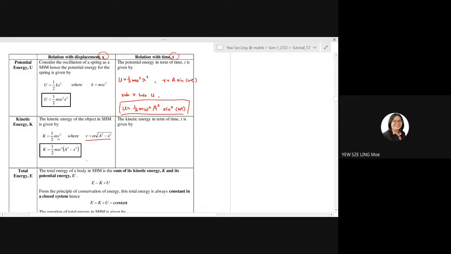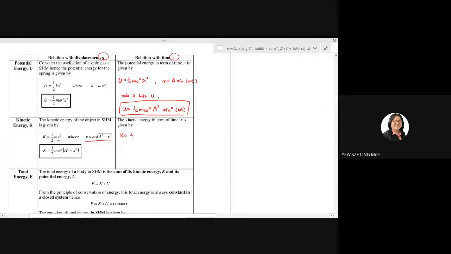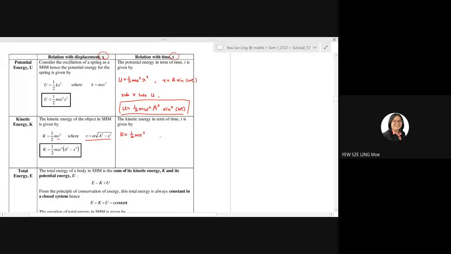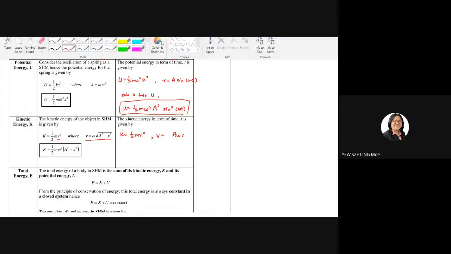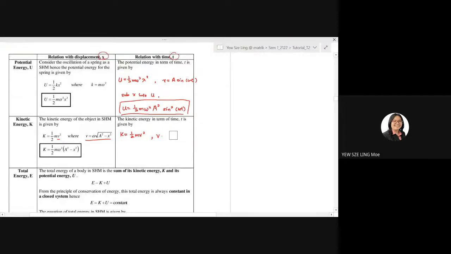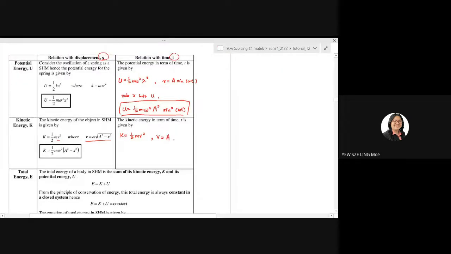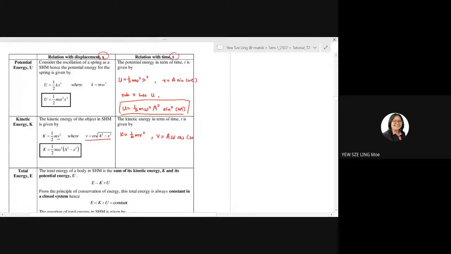Now, how about time? We have K equals 1 over 2 mv squared. So what are we going to do? We know v equals A omega cos omega t.